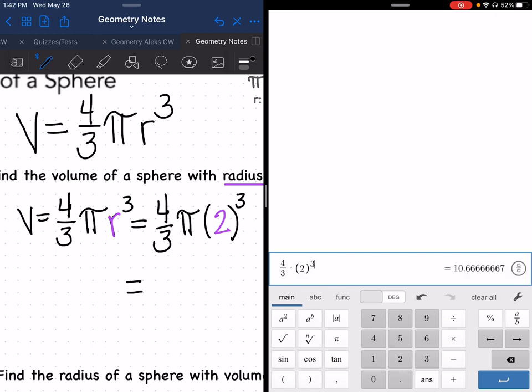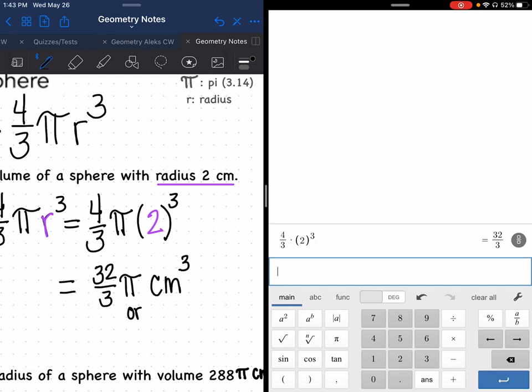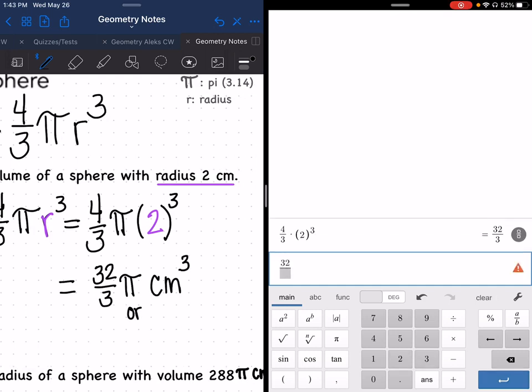Now notice it is giving me a decimal, so I'm going to go ahead and change that to a fraction. And I could think of this as 32/3 pi. And what was the unit? Centimeters cubed. Or I could take that fraction, 32/3, and I could multiply it by the 3.14.